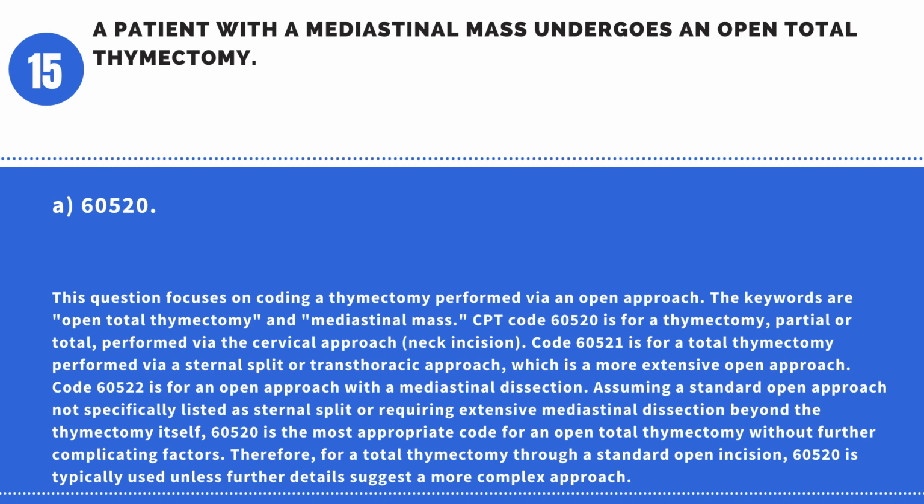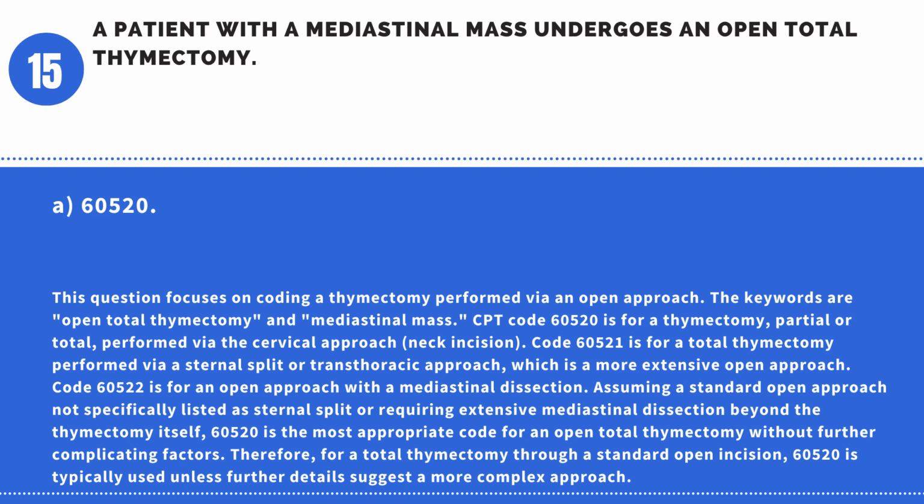60520. This question focuses on coding a thymectomy performed via an open approach. The keywords are open total thymectomy and mediastinal mass. CPT code 60520 is for a thymectomy, partial or total, performed via the cervical approach, neck incision. Code 60521 is for a total thymectomy performed via a sternal split or transthoracic approach, which is a more extensive open approach.